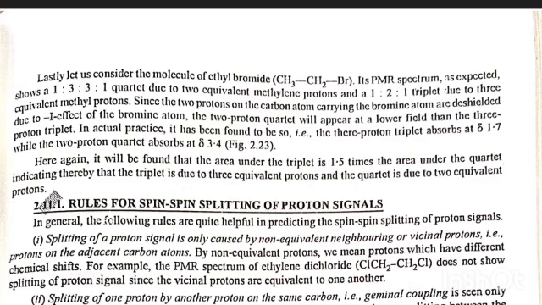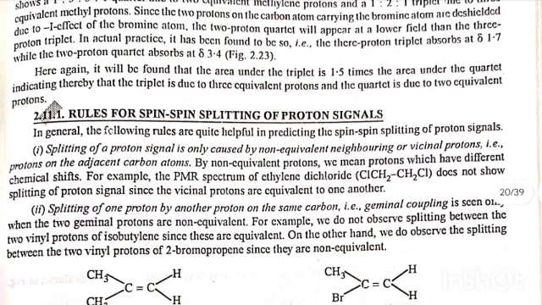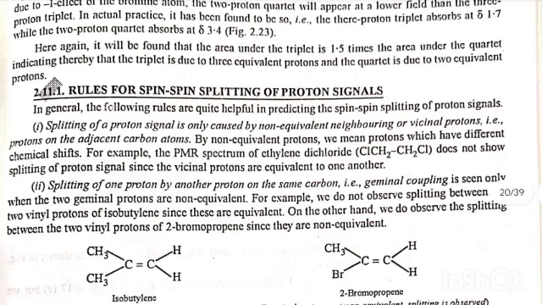In actual practice, it has been found to be so. That is, the 3 proton triplet absorbs at delta 1.67 while the 2 proton quartet absorbs at delta 3.4. Here again it will be found that the area under the triplet is 1.5 times the area under the quartet, indicating thereby that the triplet is due to 3 equivalent protons and the quartet is due to 2 equivalent protons.